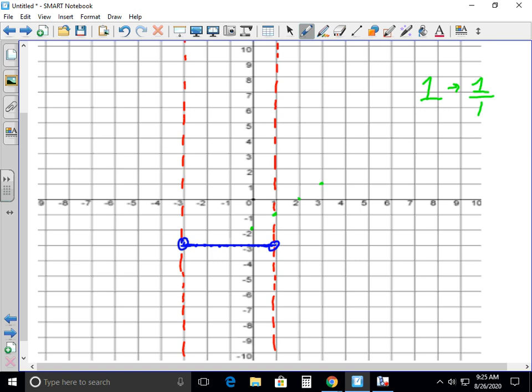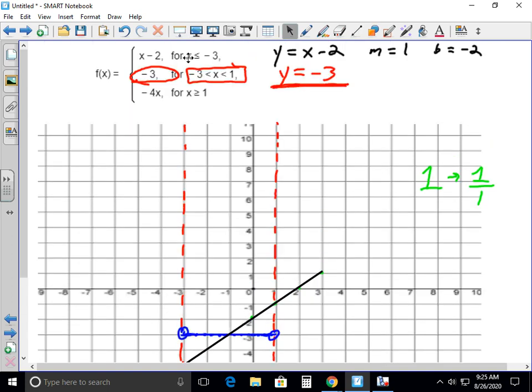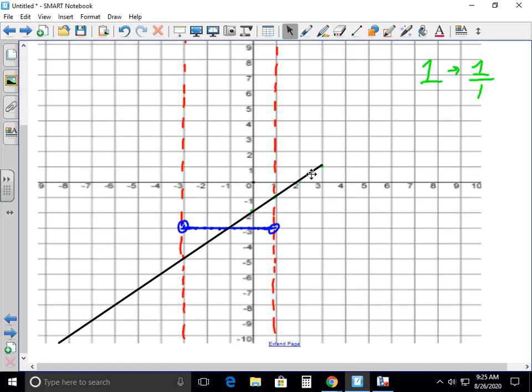Rise 1, run 1. So that line, if we draw a line through those points, does this. Well, our line actually only exists for x values that are less than or equal to negative 3, so in this first interval. So those dots tell us where we can put our straight edge, but we're only going to draw that over here.